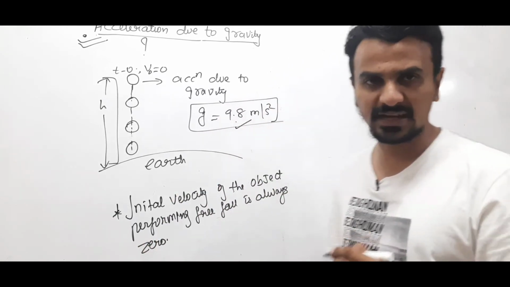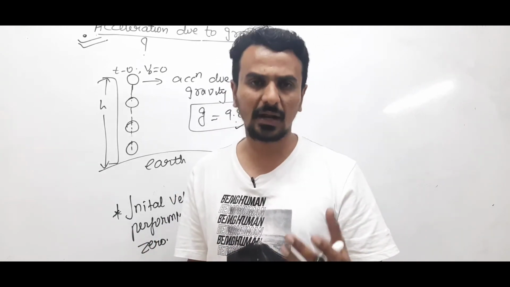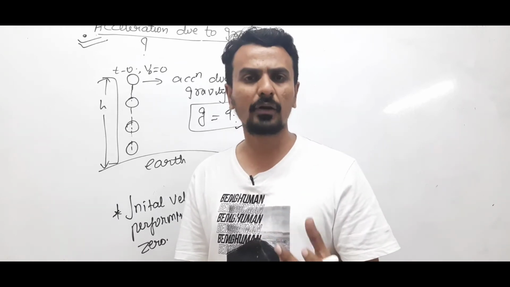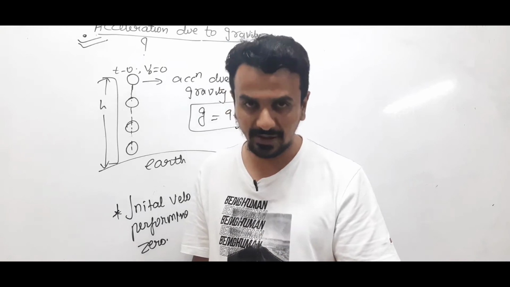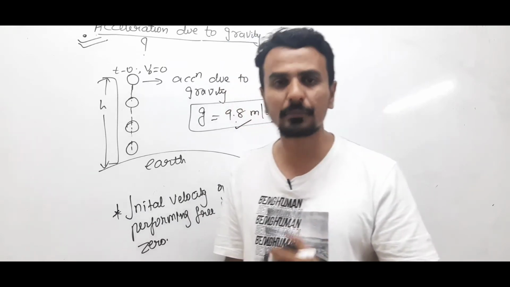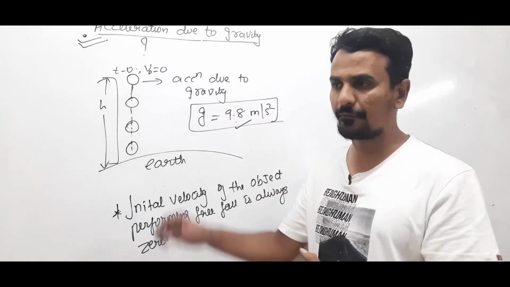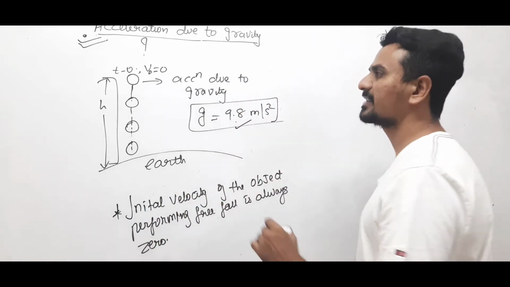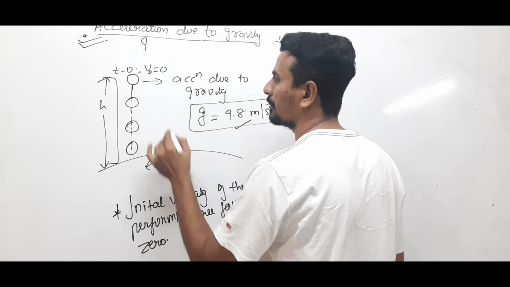Whenever any object performs motion under the influence of gravity, or when any object falls under the influence of gravity, or when any object performs a free fall, its initial velocity will be 0. So let us say t equals to 0, v0 equals to 0.